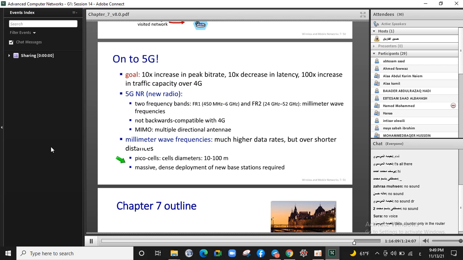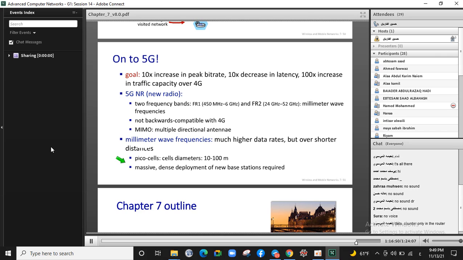And also, those higher frequencies make a shorter communication range. So, in contrast with 2G, 3G, and 4G technologies, in 5G we have to use picocells. It means that those cells have maybe only a 10 to 100 meter radius. Oh, excuse me, diameter. The diameter of those cells is less than 100 meters.